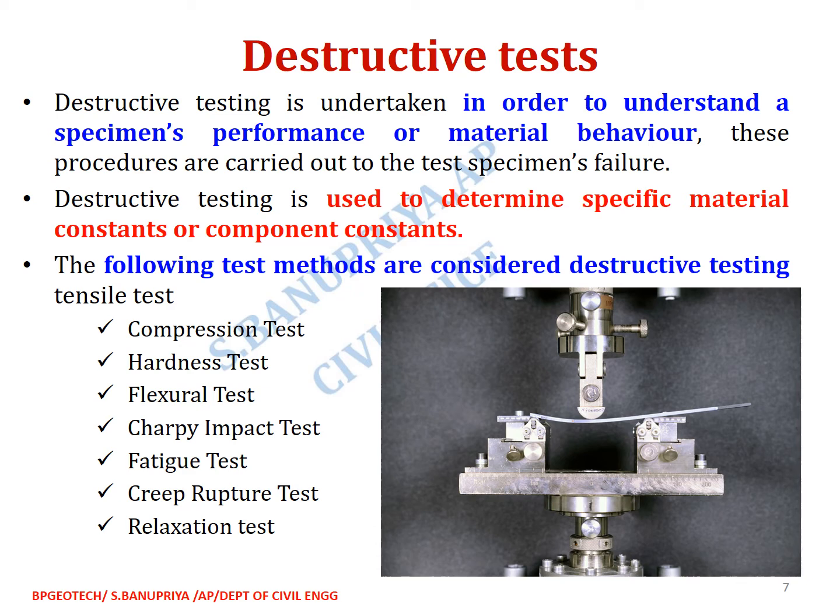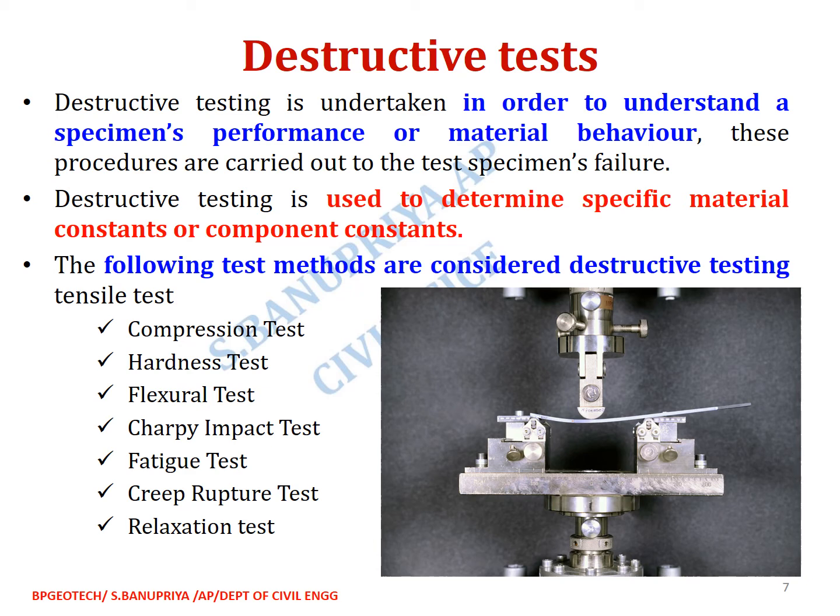In order to find out the performance or characteristics of a material, you apply any kind of load and make the samples fail, and at the output you find the properties or constants. Few examples of destructive testing are compression test, hardness test, flexural, impact, fatigue, creep, etc.